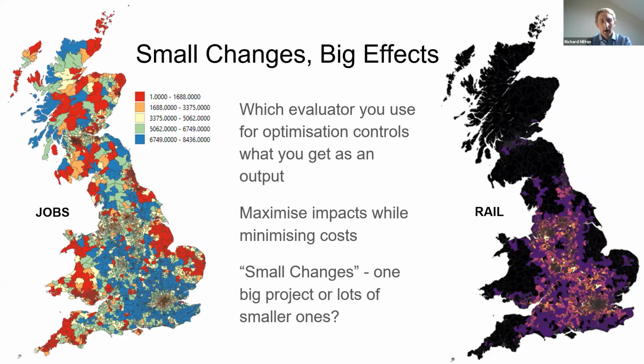And what I do is I increase the jobs in a zone by 10%, and then I look at the impacts. What you're seeing here is a rank of the impacts. The red is showing you where it's suggesting is the first good place to put some increased jobs. Now, that's just the first step in the game.